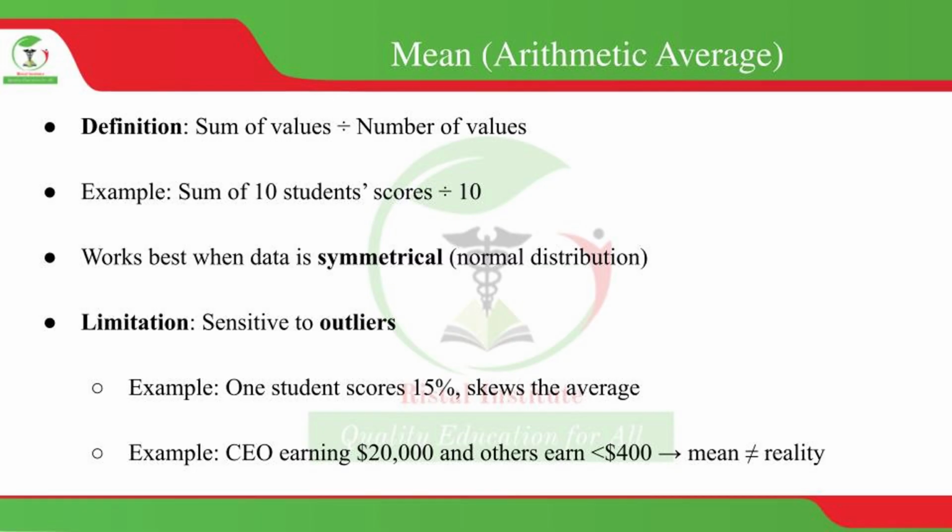But then when you look at how much each individual is getting, you realize that actually the MD, the managing director, is getting $20,000, and the rest of the staff are getting below $400. But when you have that big value plus these small ones, you get the average of above $600 or $700. Okay, so that is the disadvantage, that the mean may actually not portray the reality.